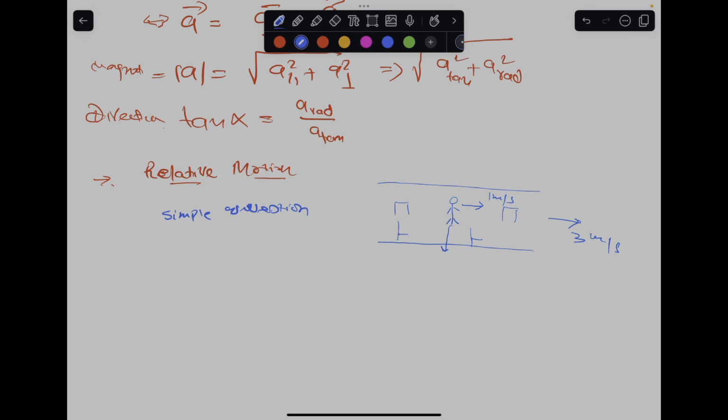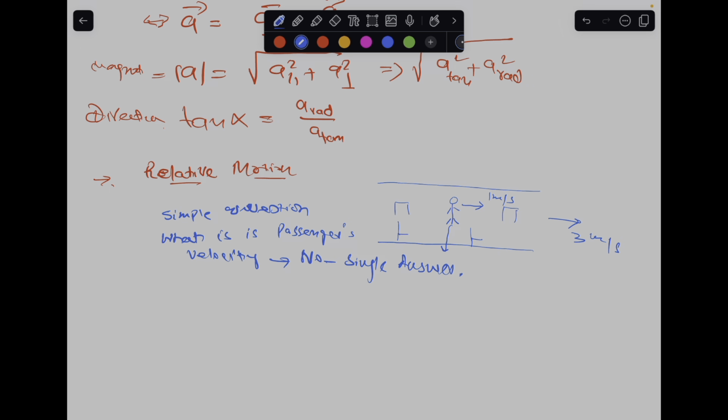What is the passenger velocity? And there is no single answer to it. Why? Because who is observing the motion is important.